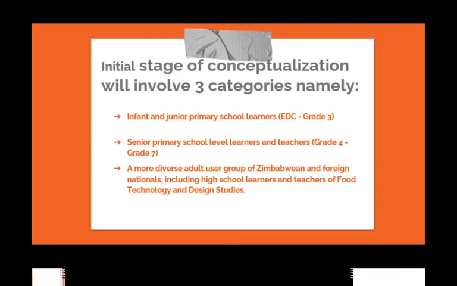And then the third one is a more diverse adult user group, which includes Zimbabwean nationals, foreign nationals, teachers, lecturers, and basically foodies, which includes chefs and village elders and village heads and the villagers themselves.